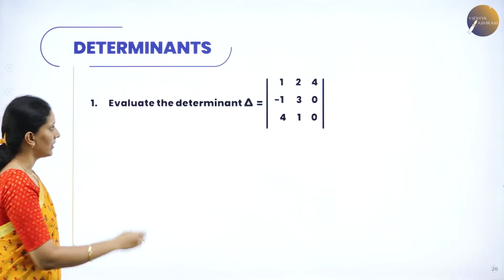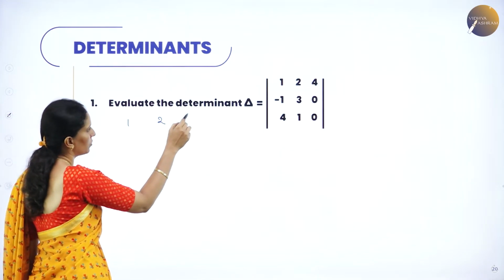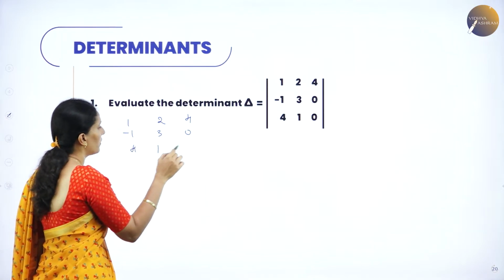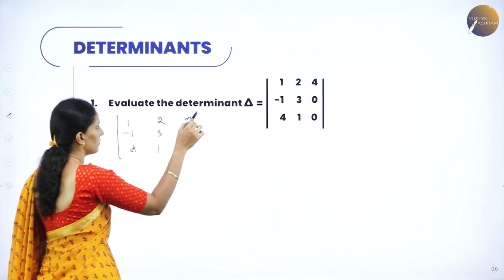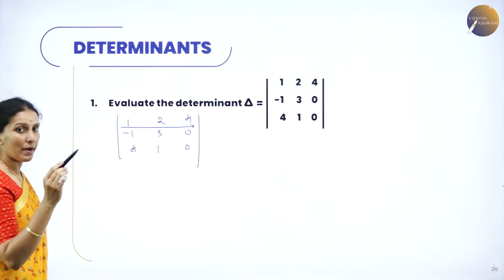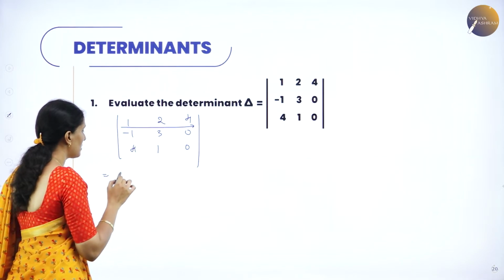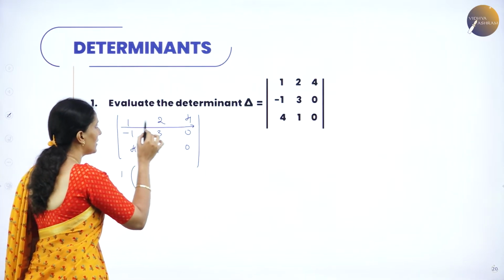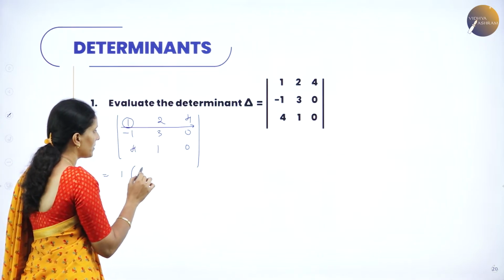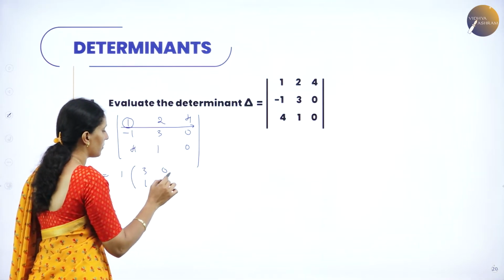Now let us consider it: 1, 2, 4, minus 1, 3, 0, 4, 1, 0. Let me take the first row element. The signs for the first row are plus, minus, plus. So here it is plus 1. Delete the row and the column containing 1. The remaining elements are 3, 0, 1, 0.